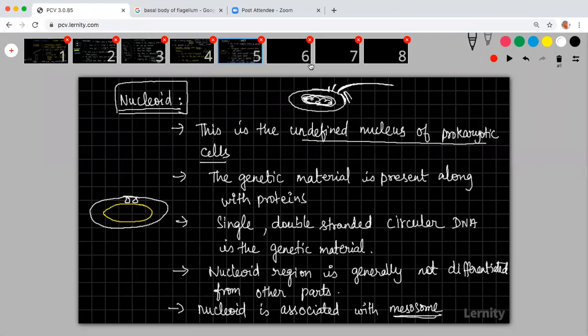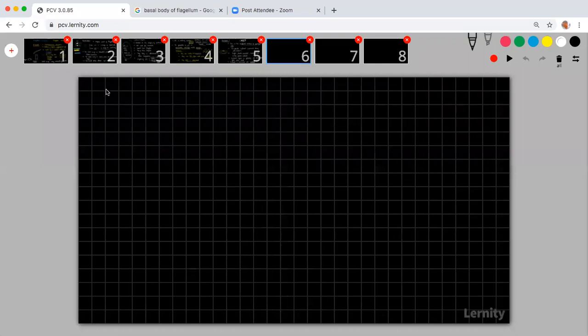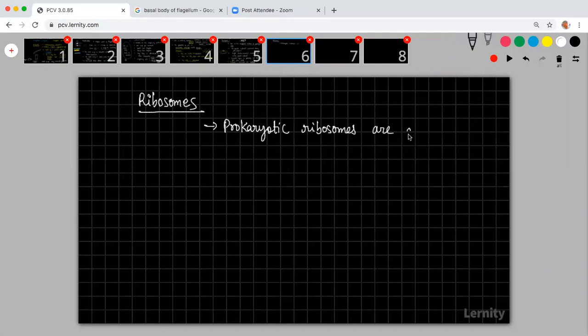Okay, so then we have ribosomes. Prokaryotic ribosomes are of 70S type.